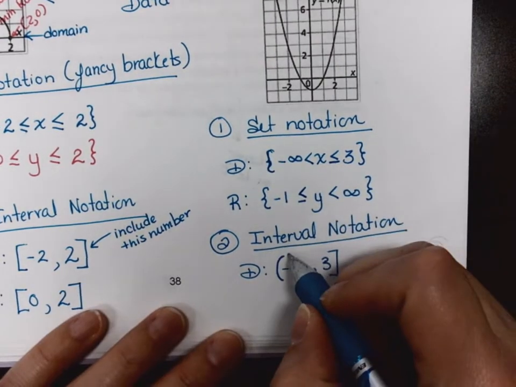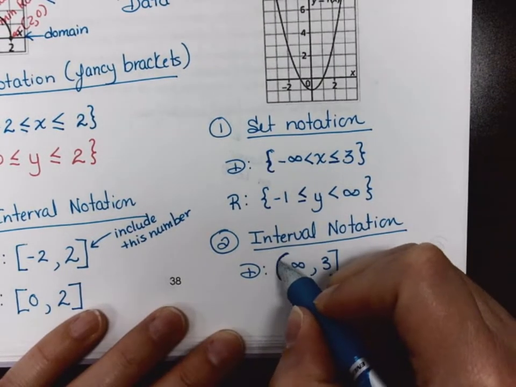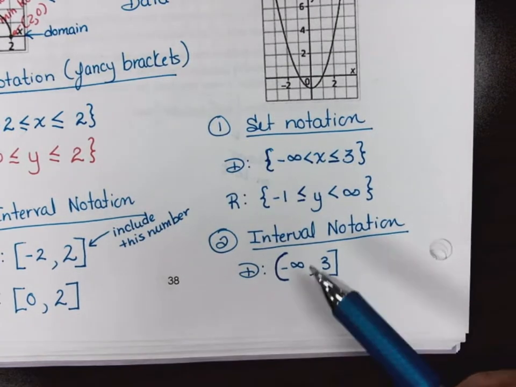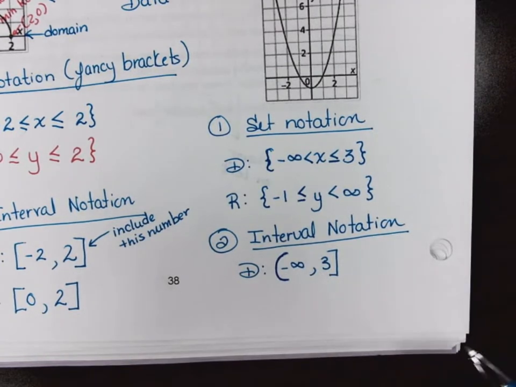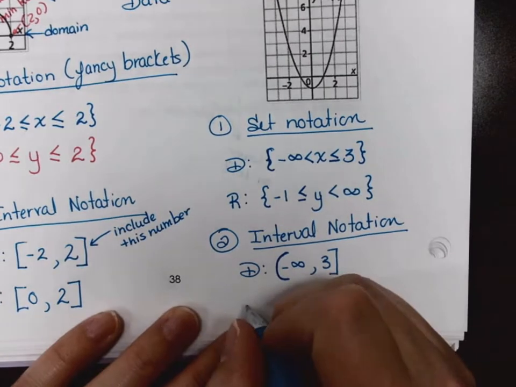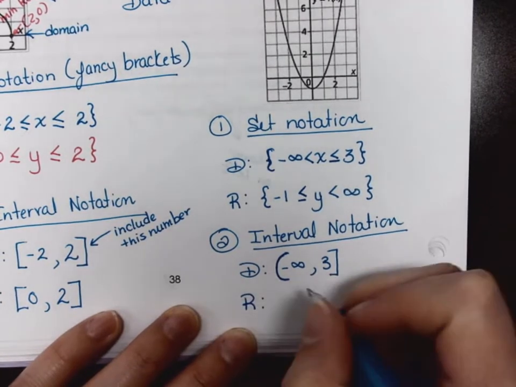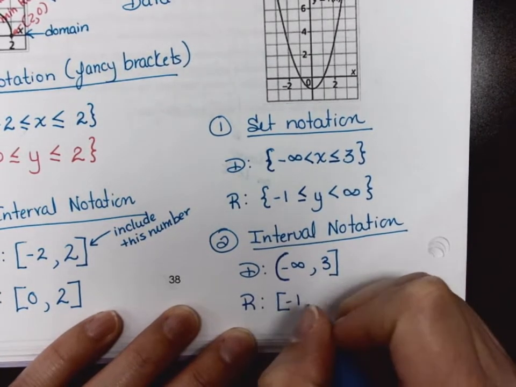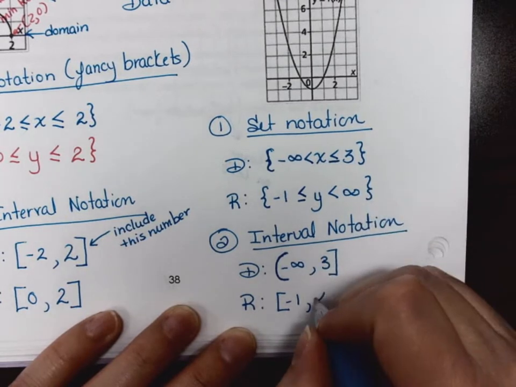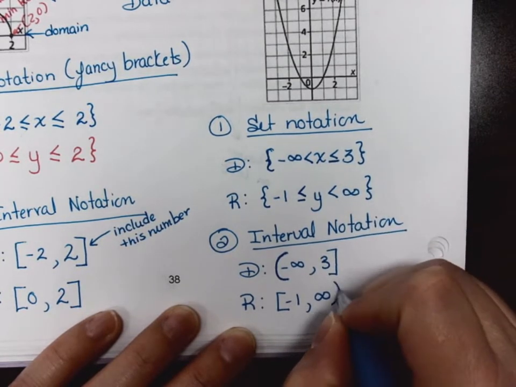So when you do your brackets, they have to be significantly different. Your round one has to look different than your square one. You know what I'm laying down here? Some of us are a little bit messy when we put our brackets together. They have to be different because they mean different things. So range for this one, we included -1, but we go to positive infinity.